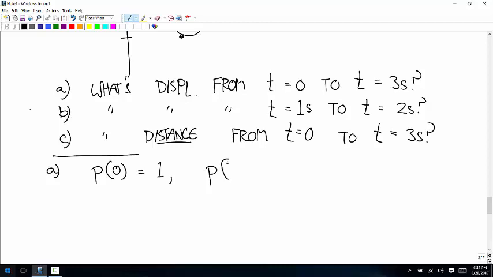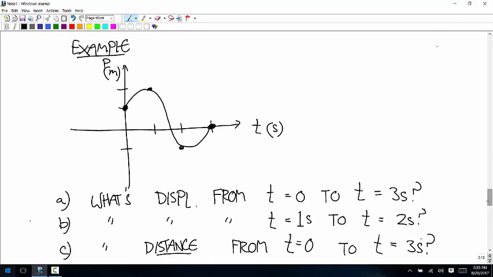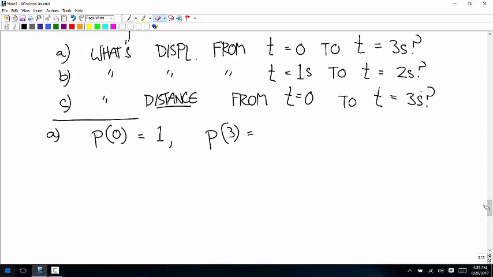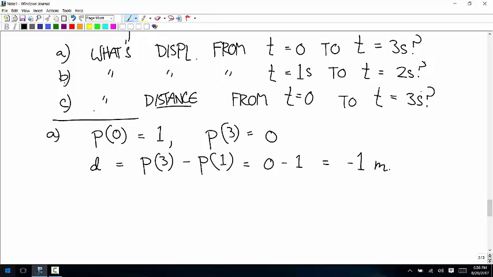And what's the position at time equals 3 seconds? 0, yep. So the displacement from 0 to 3 seconds is the position at 3 seconds minus the position at 0 seconds. And that is 0 minus 1. And so you get an answer of negative 1, and this is in meters.